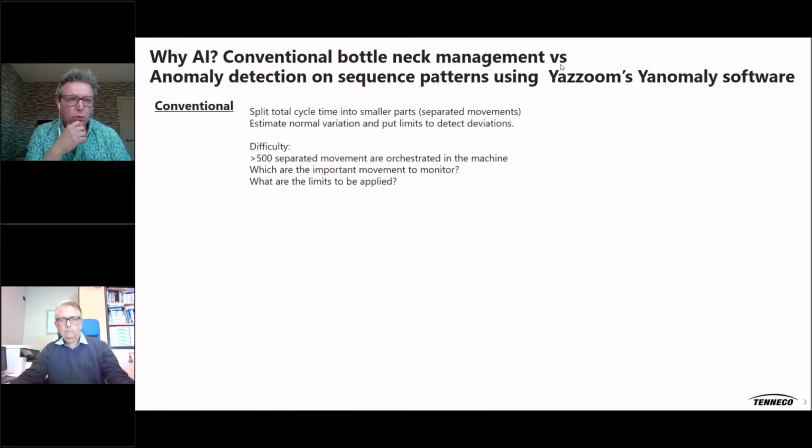This is also the reason why conventionally we could not find the solution, because conventionally in improving cycle times or making cycle times stable, we in fact would cut everything into smaller pieces and try to put limits on those small steps.